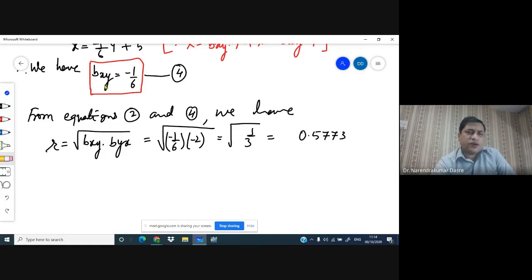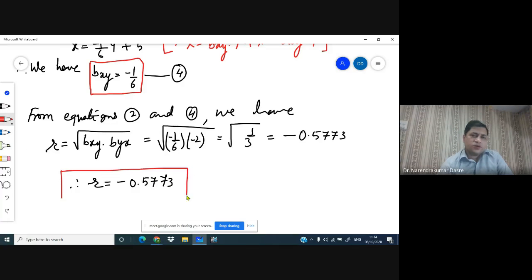Now you can see bxy and byx are negative. So since bxy and byx are negative, this r has to be negative. So it's going to be minus. So this you need to understand. So we got r is equal to minus 0.5773. So this way we are able to understand the sign of r. The sign of r depends on the sign of bxy and byx.